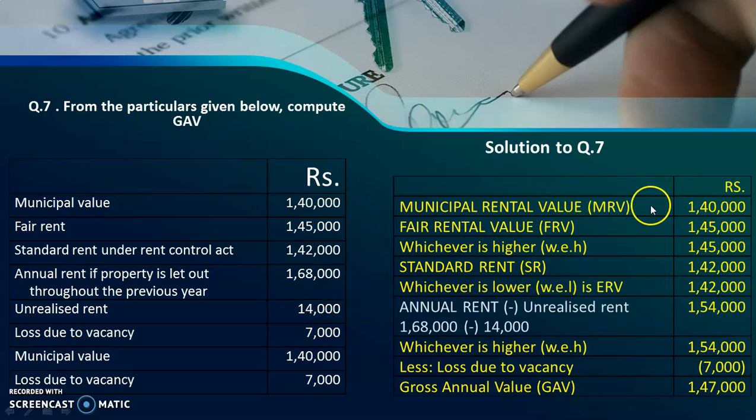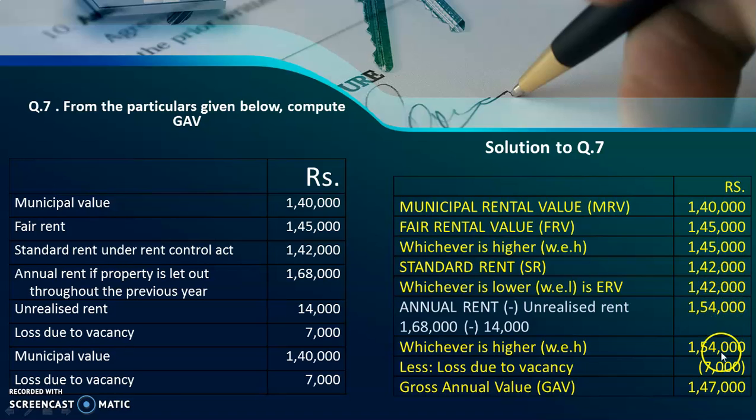See how it is to be solved. MRV, FRV, whichever is higher, compare with standard rent, whichever is lower. So ERV will become 1,42,000, and the annual rent is to be compared with it. While comparing annual rent, if any unrealized rent is given, that is to be reduced from the annual rent. So 1,68,000 minus 14,000, 1,54,000 is the annual value.